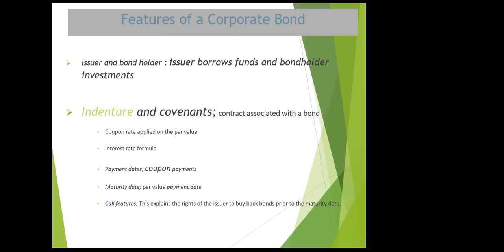This gives you the right, as the bond issuer, to go back in the market and get back your bond before the maturity date. Okay. And this will help you at least cut down on further payment in terms of coupon payment, interest, and also the other embedded costs that relate to utilizing the bond holders' funds.